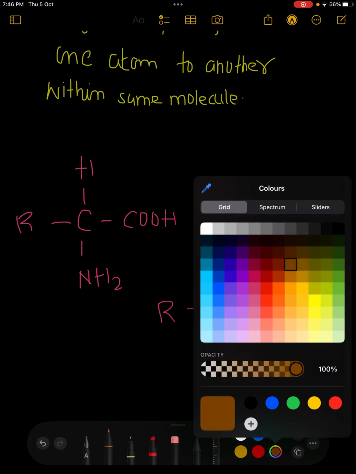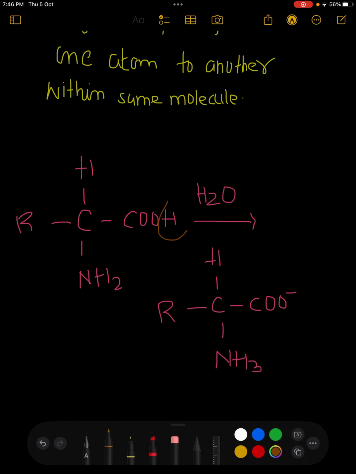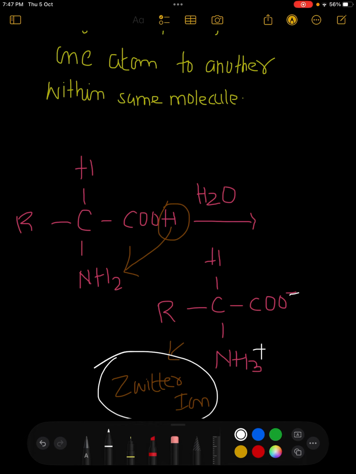You can clearly see that this hydrogen has been shifted to this. So there is a shifting of hydrogen atom. Now this is known as a Zwitter ion, with a positive charge and a negative charge. So there is shifting of proton from one atom to another within the molecule.